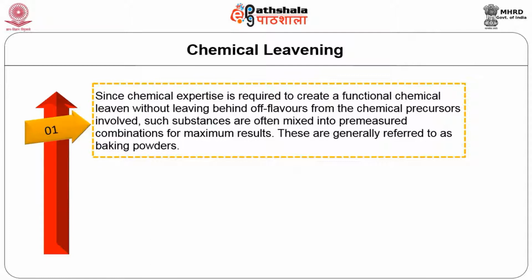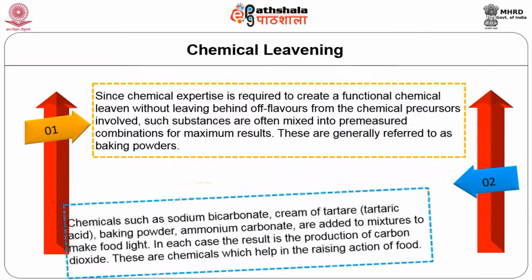Since chemical expertise is required to create a functional chemical leaven without leaving behind off flavors from the chemical precursors involved, such substances are often mixed into pre-measured combinations for maximum result. These are generally referred to as baking powder.